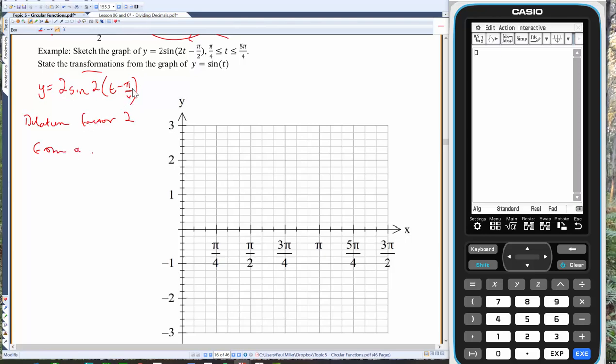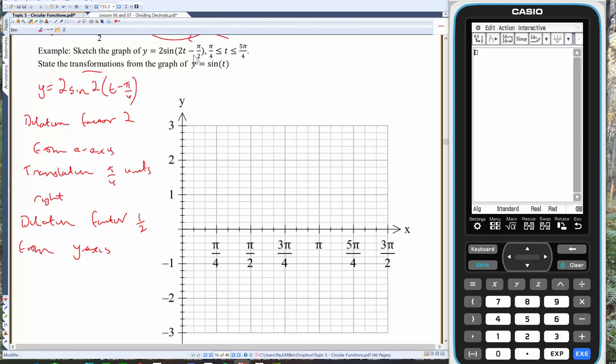It's a translation pi on 4 units right, and it's a dilation factor. And remember, if that's our n value, it's going to be 1 on n, so 1 on 2, factor half from y axes. All right, let's put axes there.